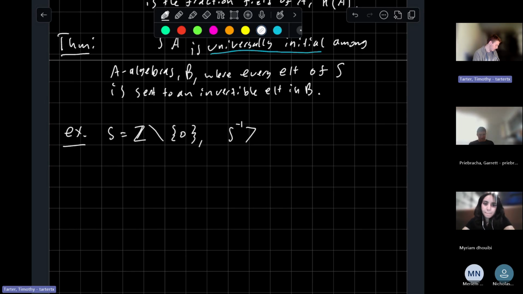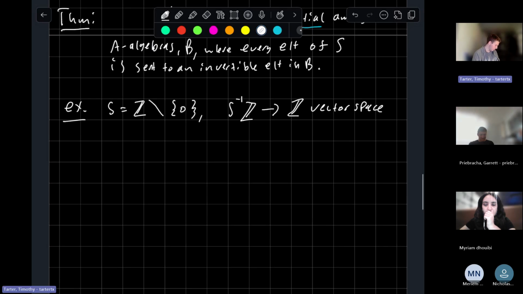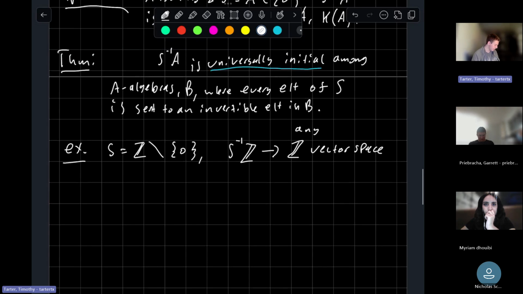Then S inverse Z goes to any Z vector space. So does this make sense? Okay. Yeah.